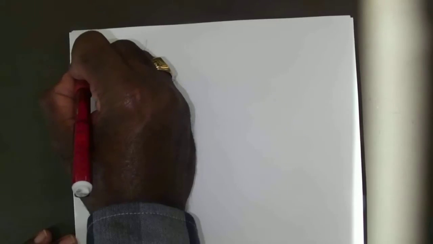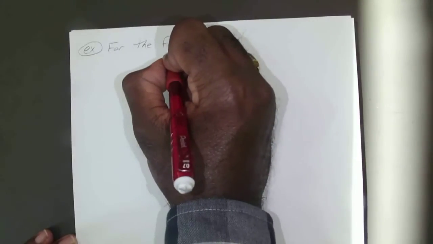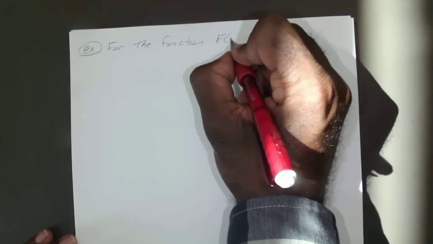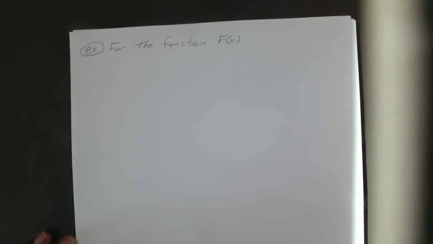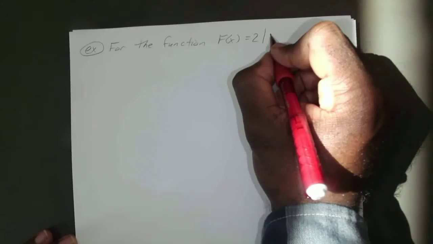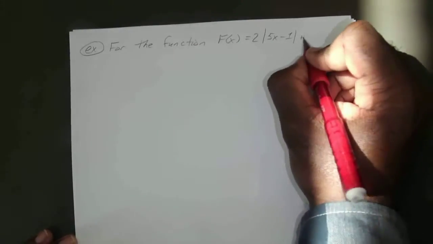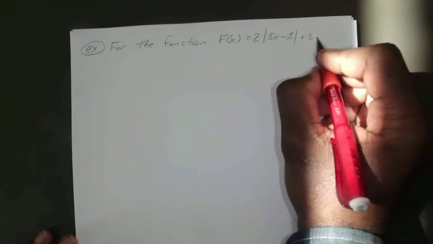So let's say, for example, for the function, say capital F of x equals 2 times the absolute value of 5x minus 1, plus 2.